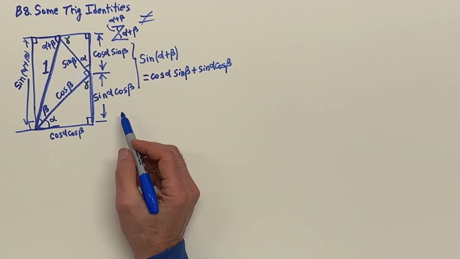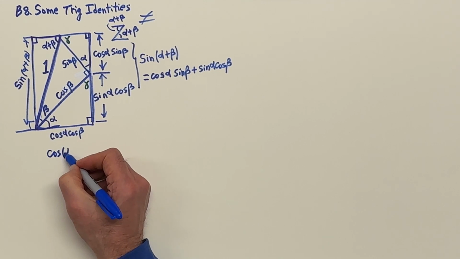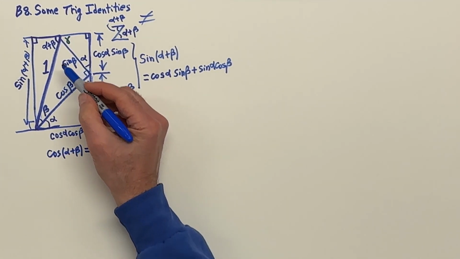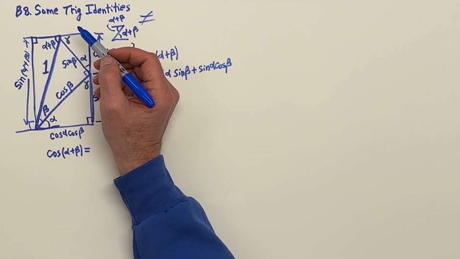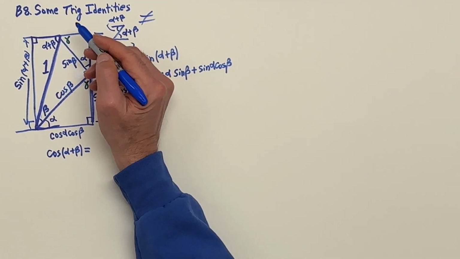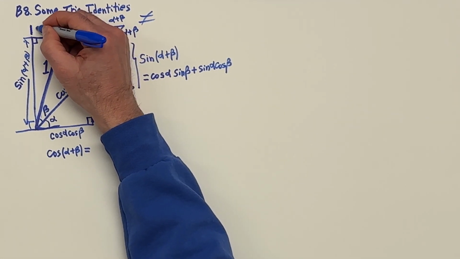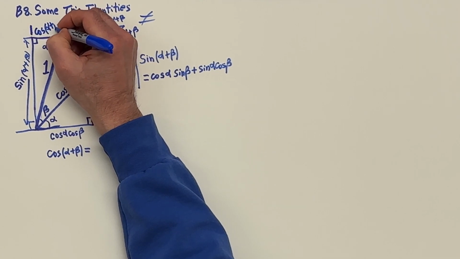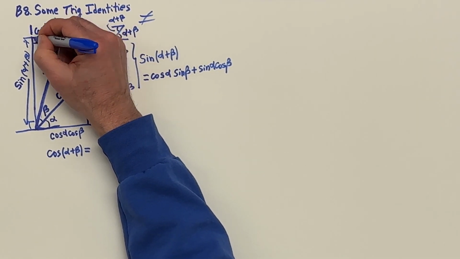So the other one, though, is what about the cosine? What about the cosine of alpha plus beta? Well, the cosine of alpha plus beta, that would be equal to the adjacent side, which is this one here. So this is the cosine of alpha plus beta, this piece right here.